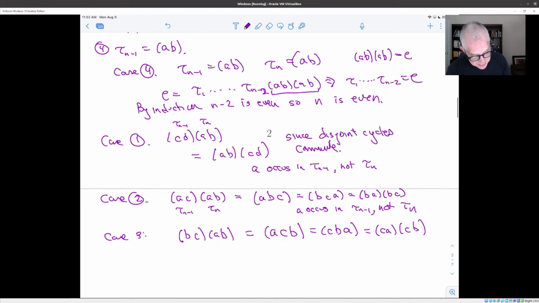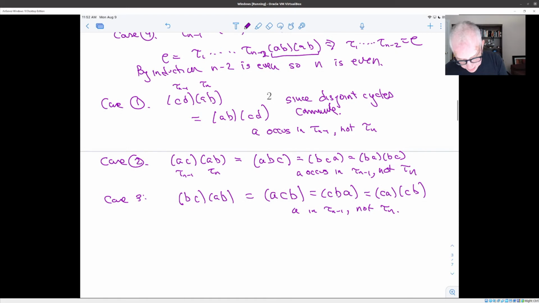And again, we have A in tau n minus 1, but not tau n. So what have we done? We took our expression for E, which was tau 1 through tau n minus 1, tau n, and we moved A one step to the left.